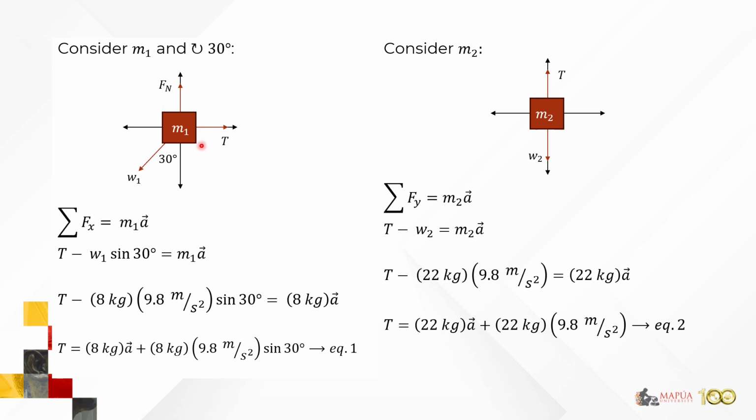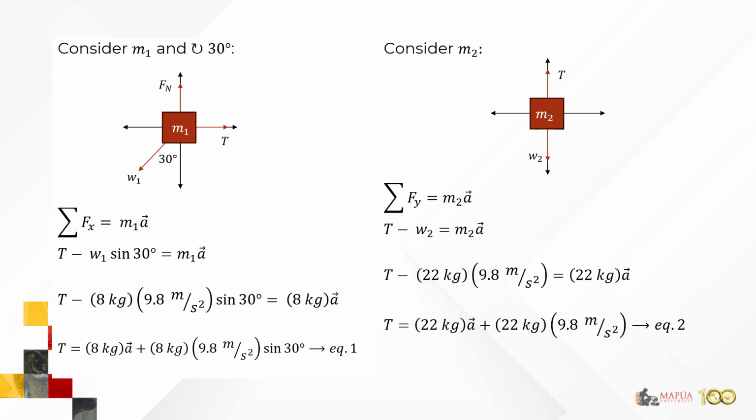So that's what's being applied here. Since we have the tension of each object, that means that the tension in the first free body diagram is also equal to the tension on the second object m sub 2, or second free body diagram.